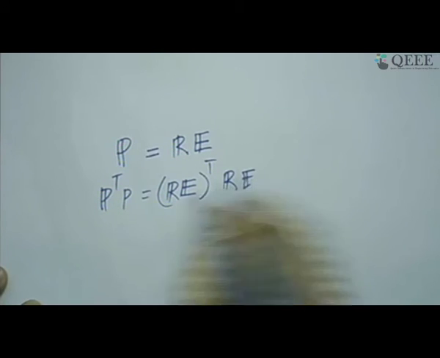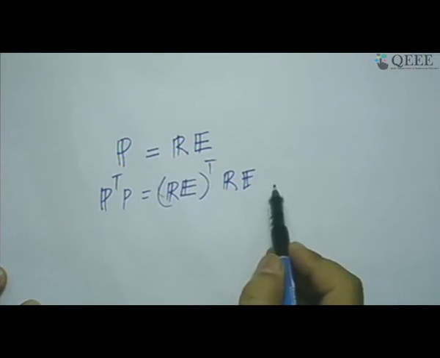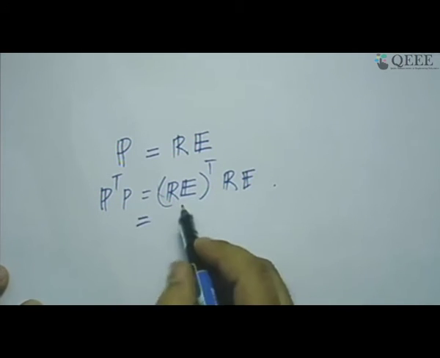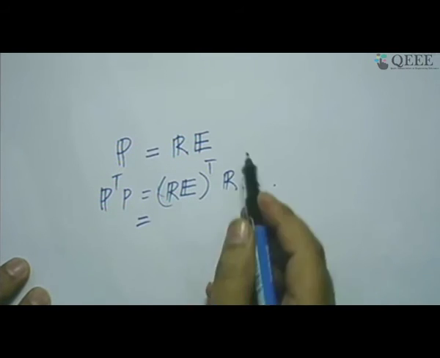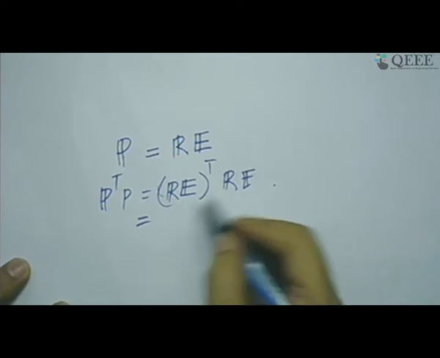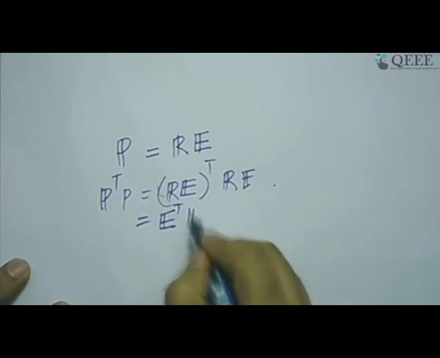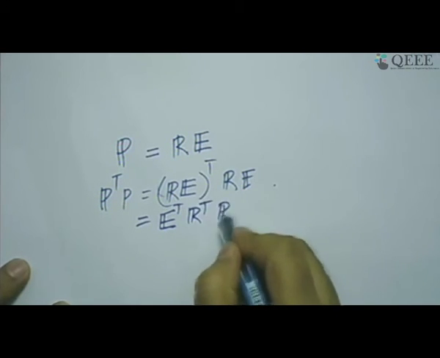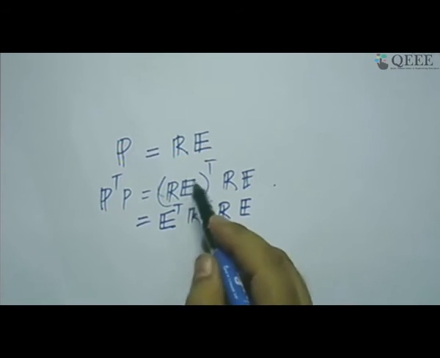Because P is RE, P transpose P will be (RE) transpose RE. You have to remember that when you do the transpose operation, (RE) transpose in terms of R transpose and E transpose becomes E transpose R transpose, R E. This is a very important property.